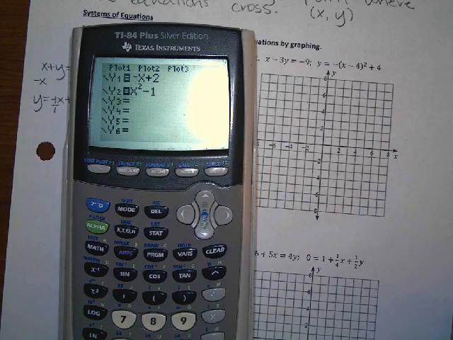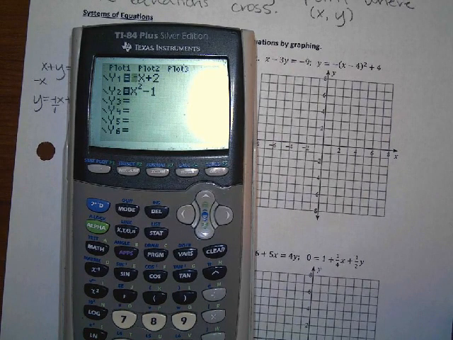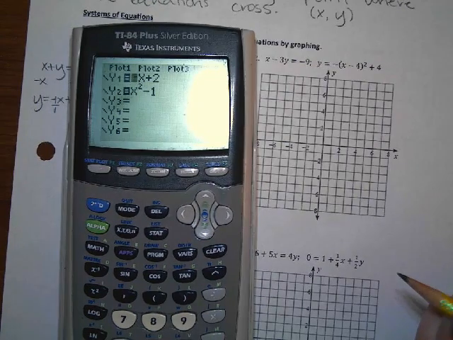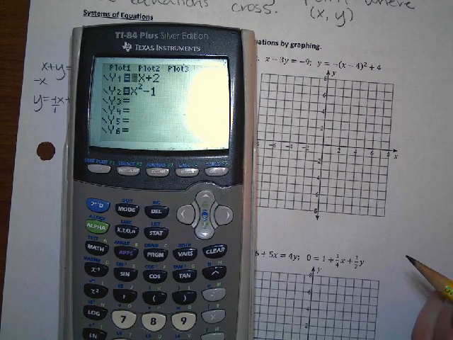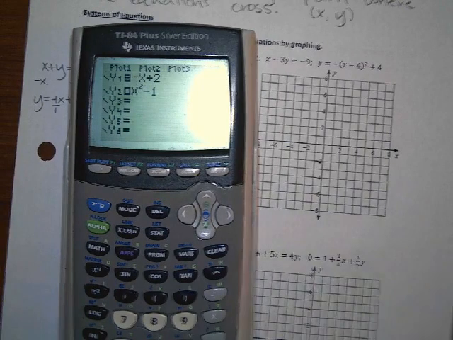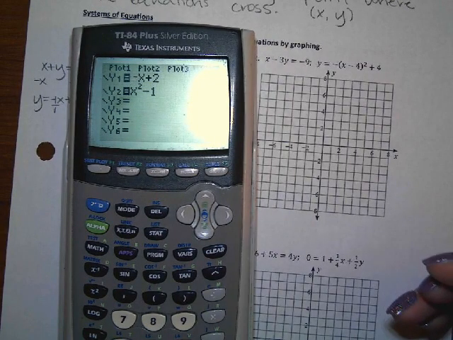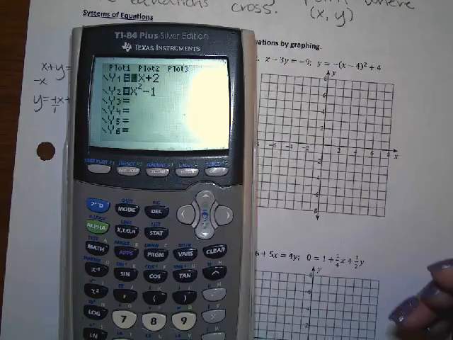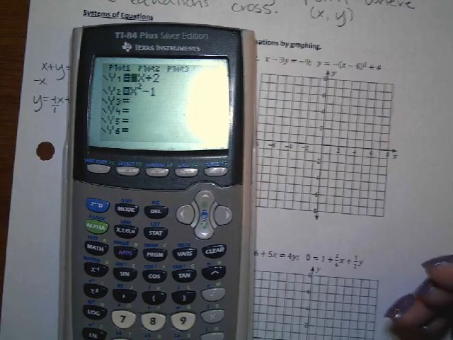Now, this is an EOC class, which means we have the big test at the end, and the interesting thing about that test is they use Desmos. Have any of you used Desmos before? The cool thing about Desmos is you don't have to get y by itself, so we could type x plus y minus 2 and not even solve for y. But I'm not going to do a ton on Desmos yet, because it'll be easier once we have computers. Since we can't get those till Monday, I'm going to wait for that.